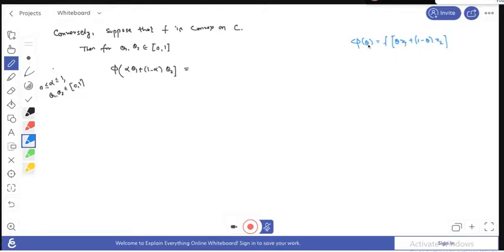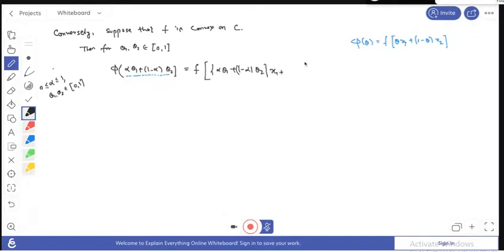So if this is θ, we can write f of this form. Your θ is αθ1 + (1 − α)θ2, multiplied by x1.